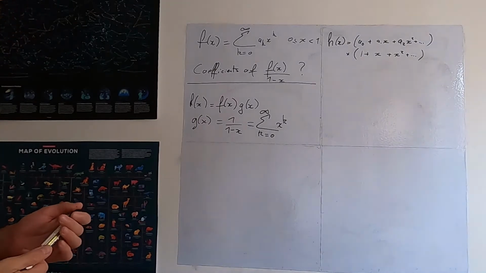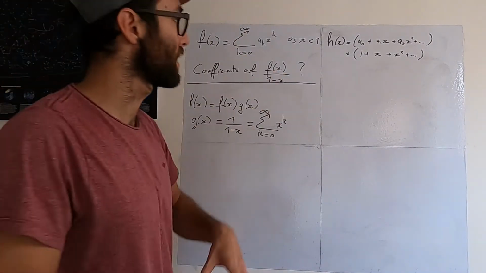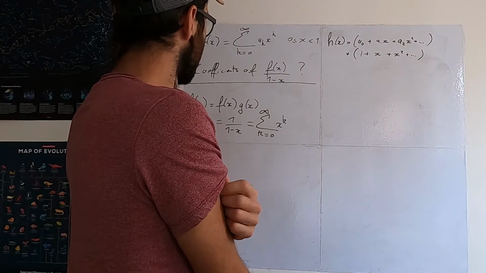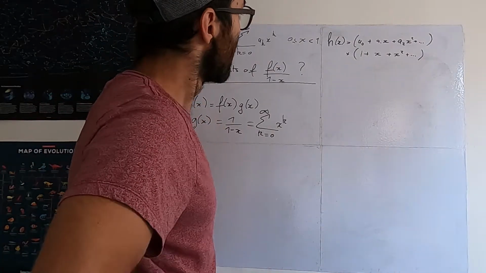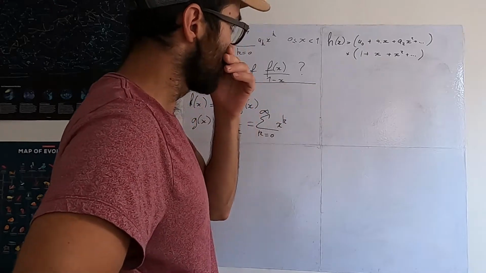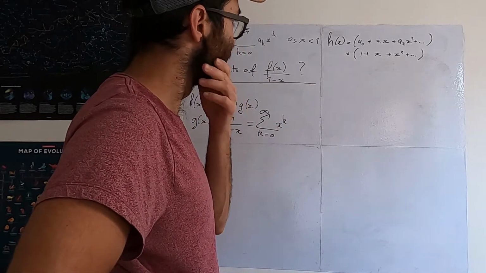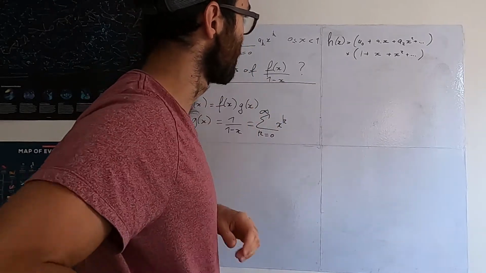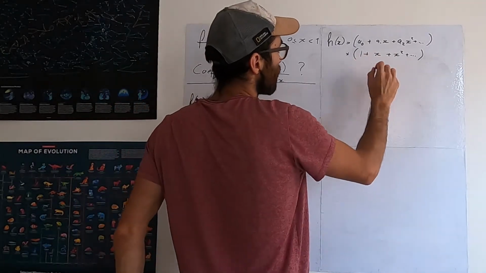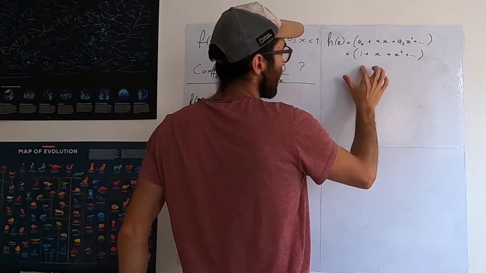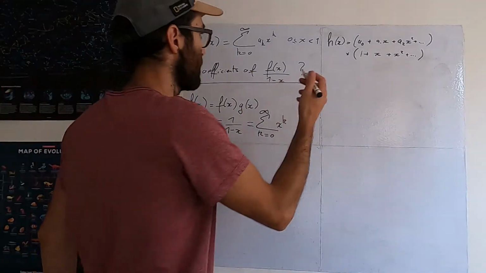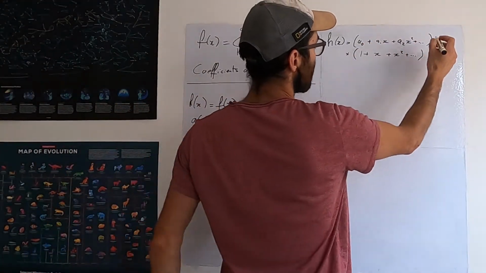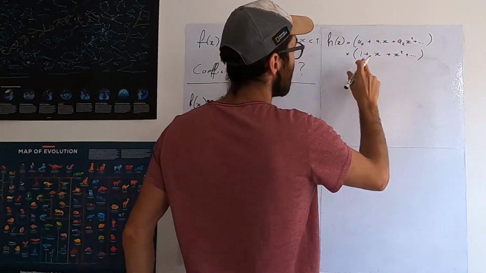And so we'd like to basically expand this and figure out what the coefficients that we get are. Maybe you can already visualize what the result is going to be. What you can do to get this idea is, let's just write this as f(x).